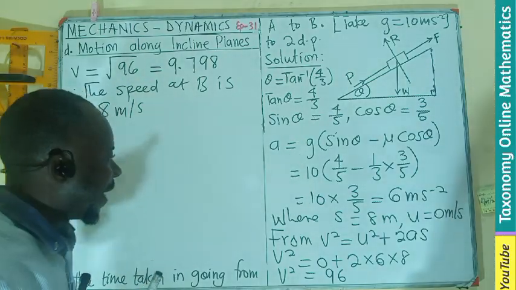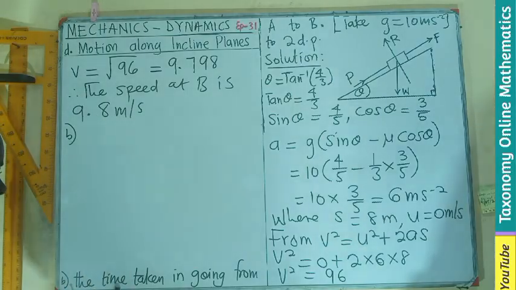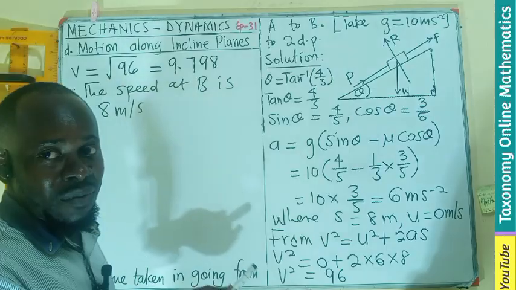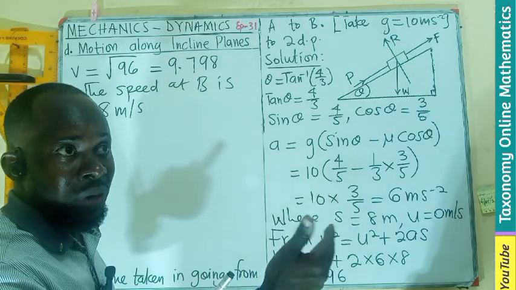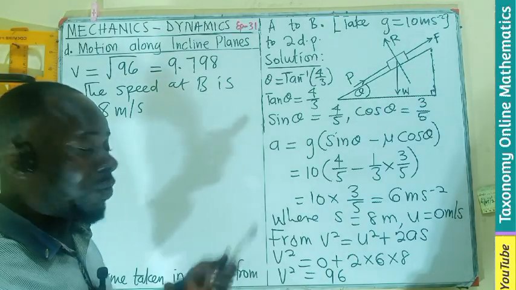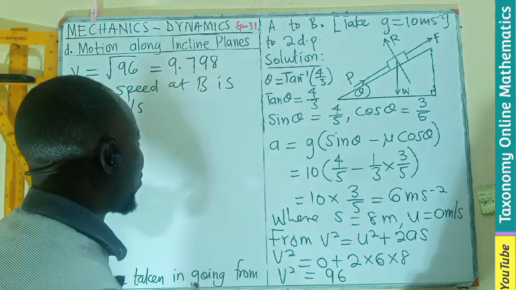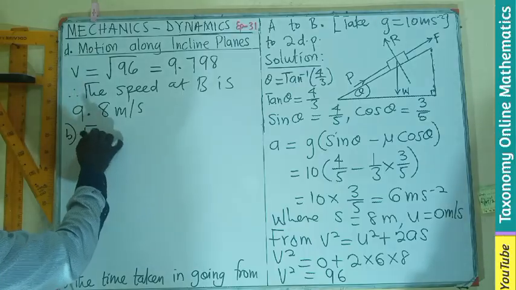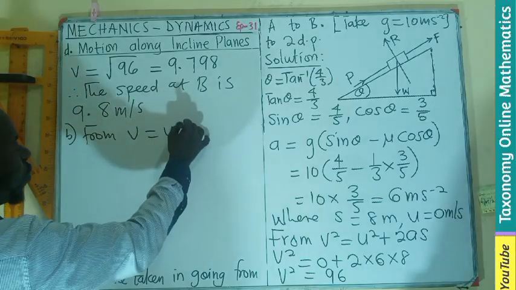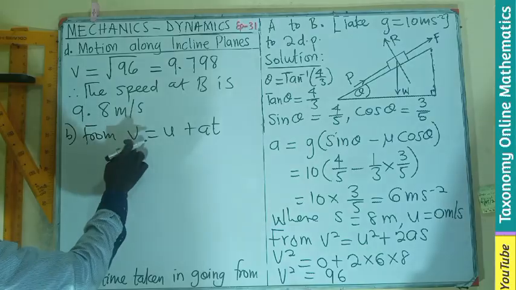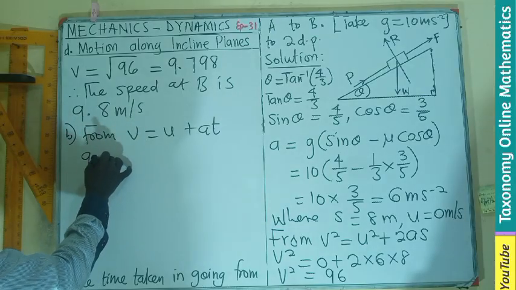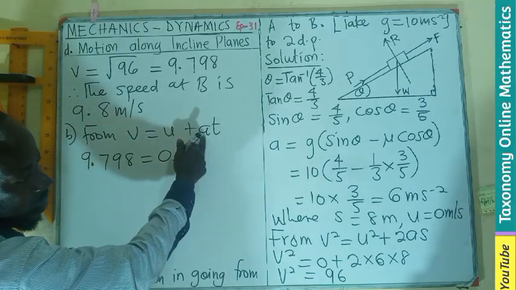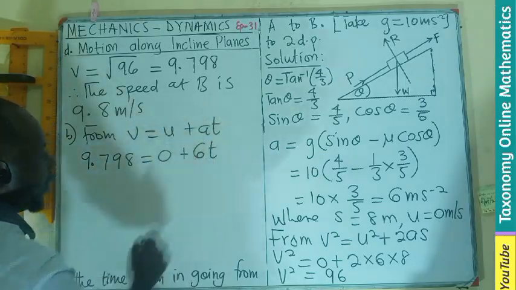All right. What next do we need? We are looking for the time taken between A and B. The final velocity is known. Initial is known as 0. The acceleration is known. We can find time easily. There are 2 or 3 ways we can find time. I will use one of them. Let's say from v equals u plus at, where v is 9.798, u is 0, acceleration is 6, and the time is what we're looking for.